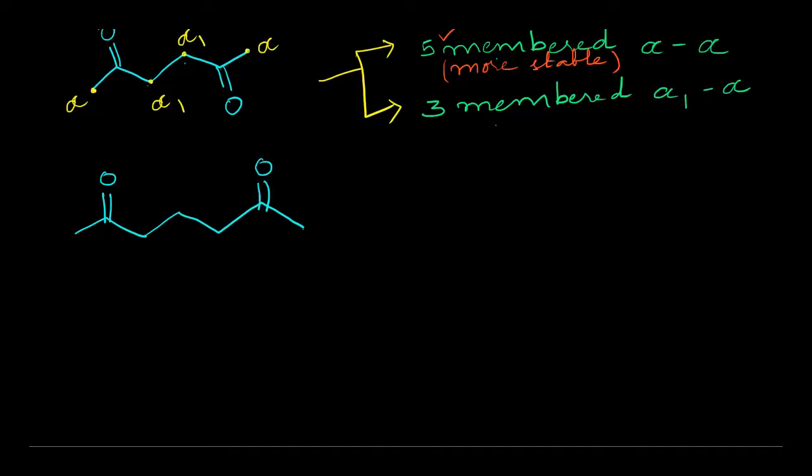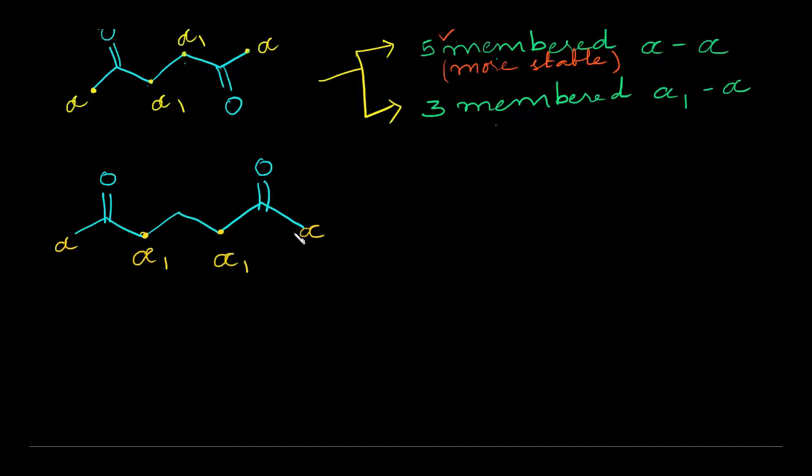Now this is one alpha carbon, this is another alpha carbon, whereas this is alpha 1 and this one will be alpha 1. Similar types of carbons and hydrogens.